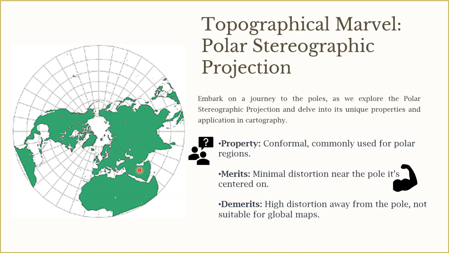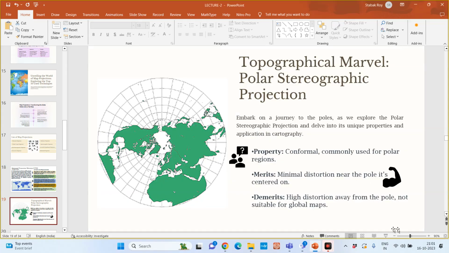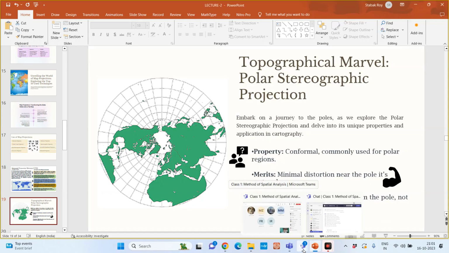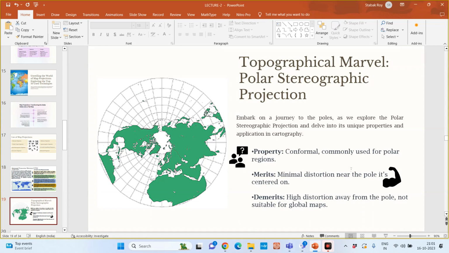Okay, projection system. And you should also know about the other projection systems. That is not very important, but for your knowledge you should know the different systems. Suppose I talk about the polar stereographic projection.